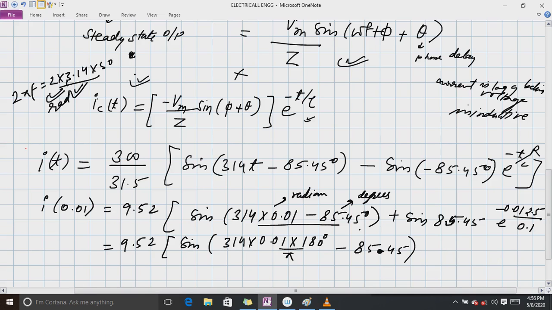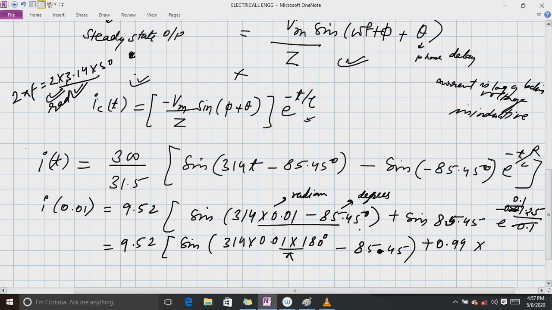And then the value of sine 85.45, what is that? It is 0.99 plus 0.99 into e raised to power. So it will come 0.1, and this 0.1, that means 0.25 it will come. It is just a calculation I am doing here.